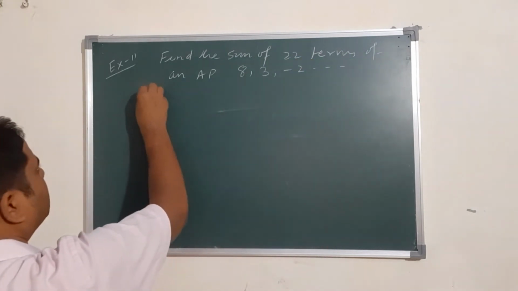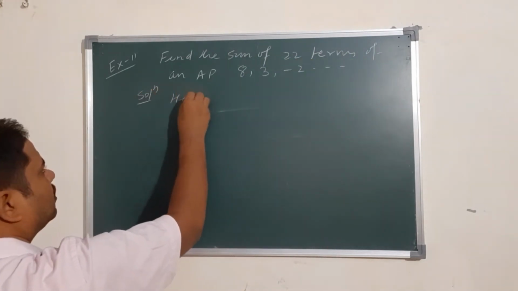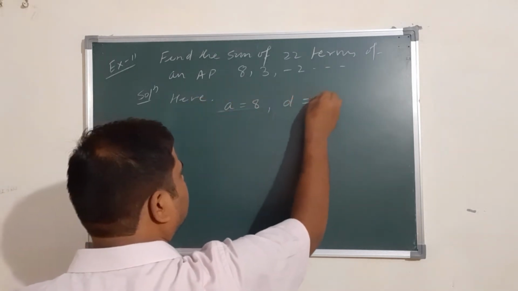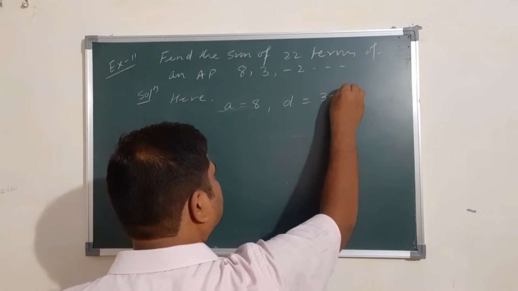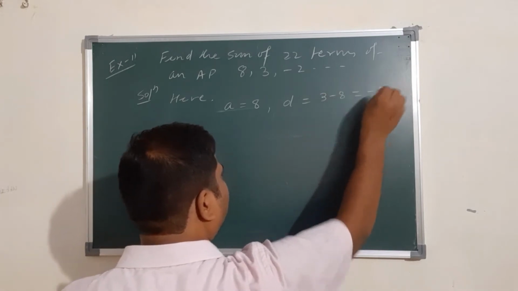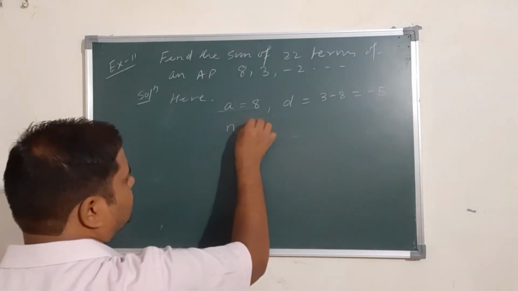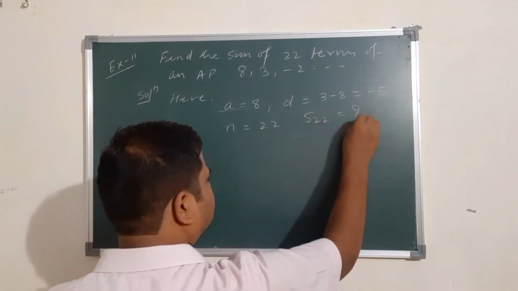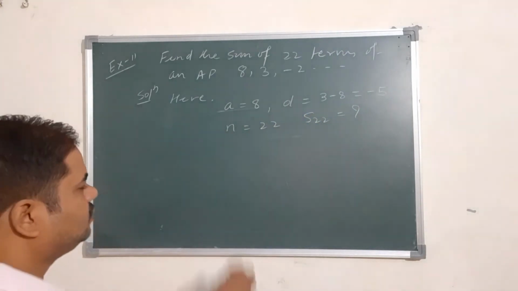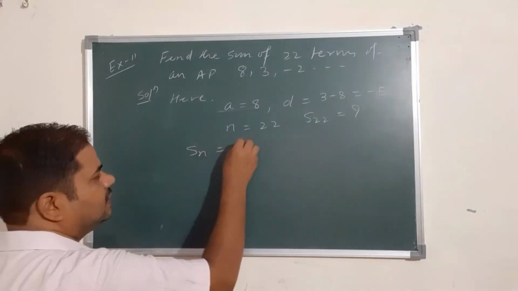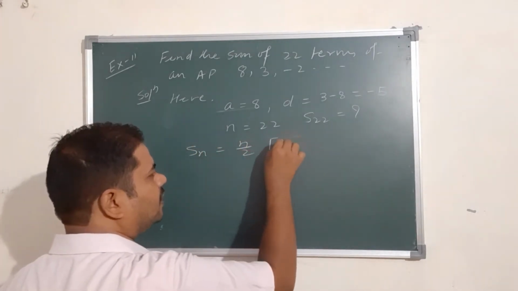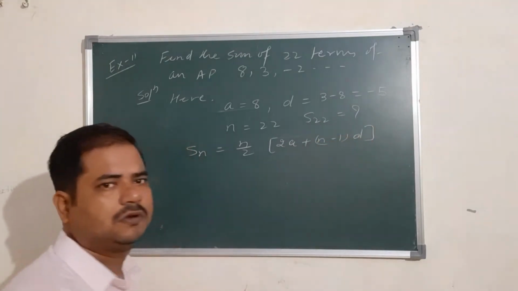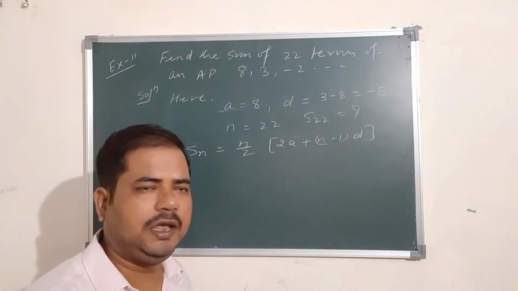So solution: here a is 8, d is 3 minus 8, that means minus 5, n is 22, and we have to find S22. So Sn is known, you know very well, Sn is n by 2 into 2a plus n minus 1 into d.